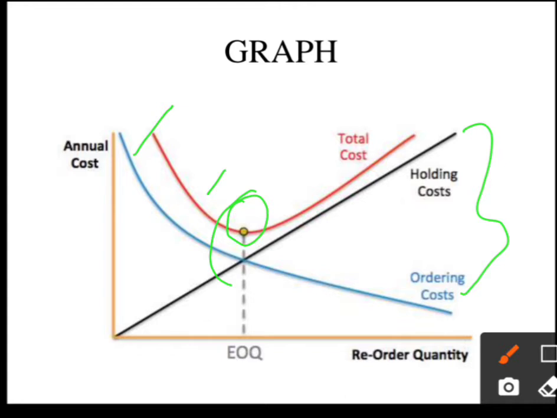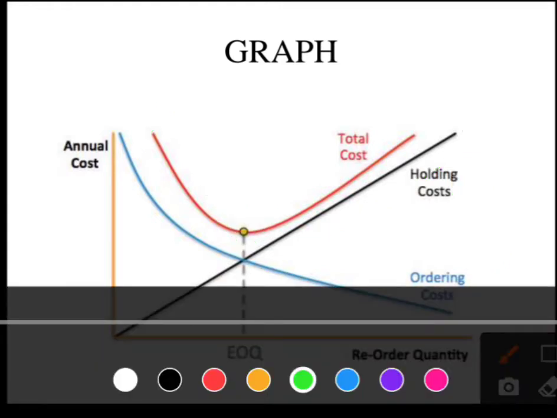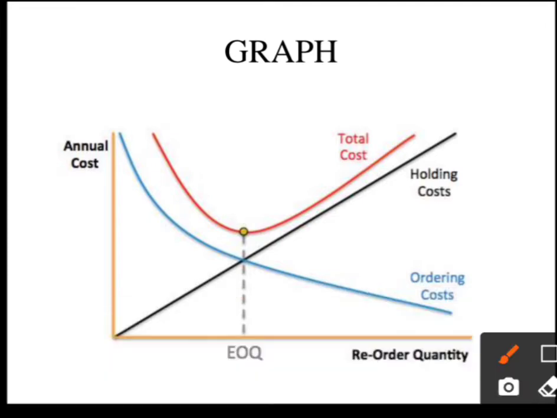The holding cost rises from the x-axis and it is increasing as the reorder quantity increases. I will explain it once again. You can see here that the holding cost is increasing as the reorder quantity is increasing.